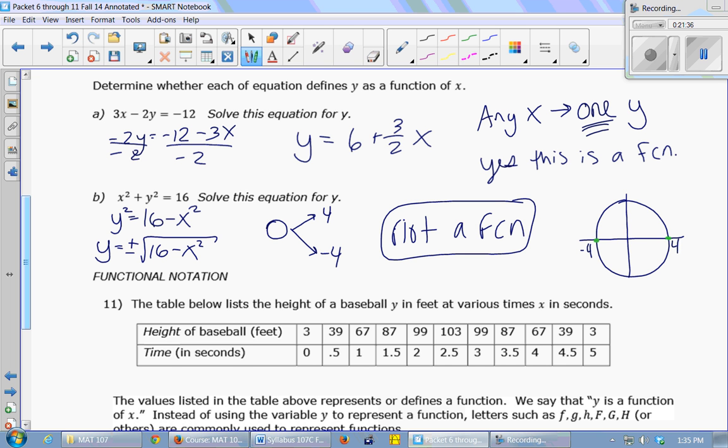They give me y values of 0. Everything else will give me a positive y and a negative y. So I plugged in x equals 0, and I got +4 and -4 as my outputs. So right there, I said, oh, fails the vertical line test.